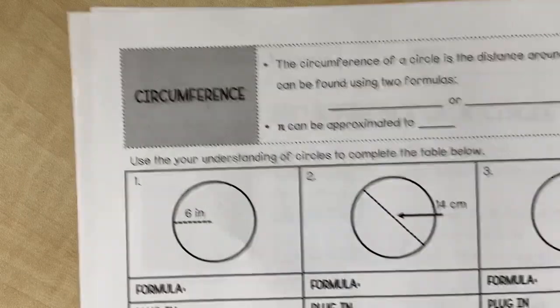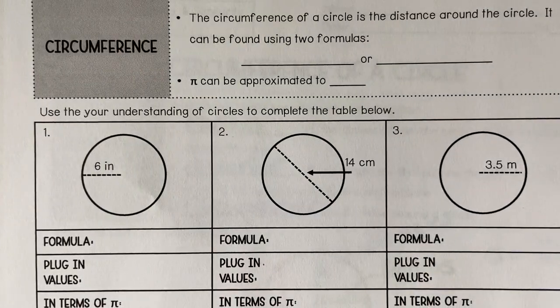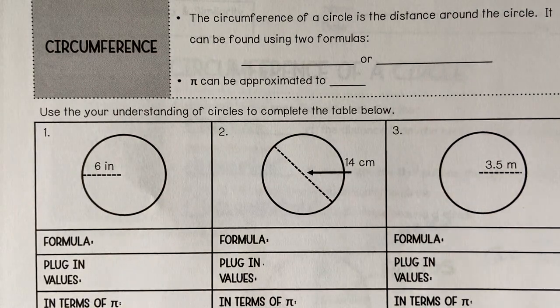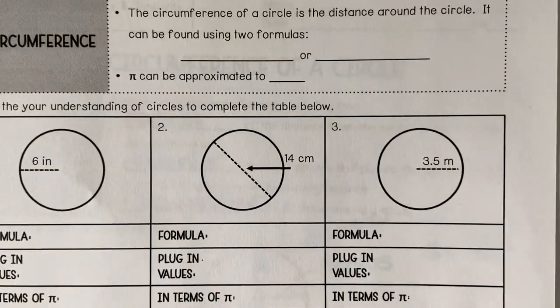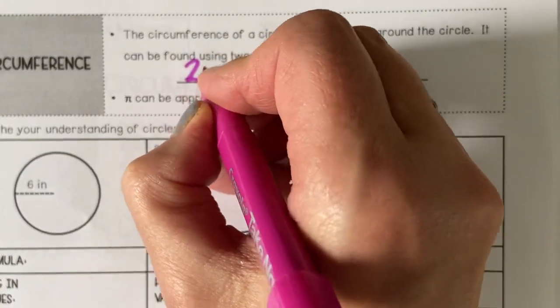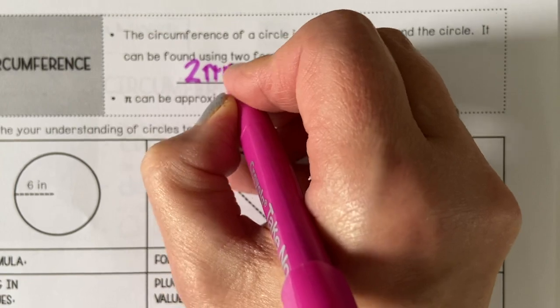All right, so here we go. We're on the second part where it says the circumference of a circle is the distance around the circle and you can find it using two different formulas. They're the same formula, okay? The one I mostly see is 2 times pi times your radius.